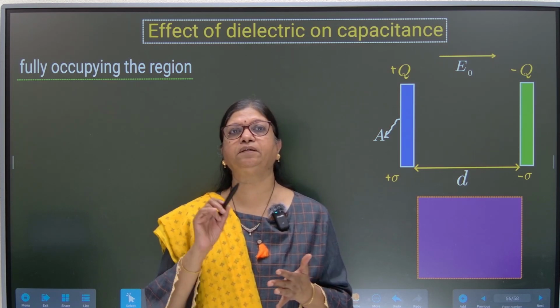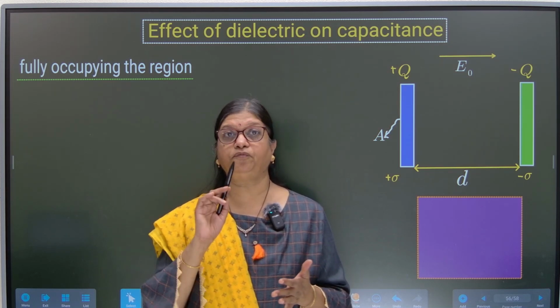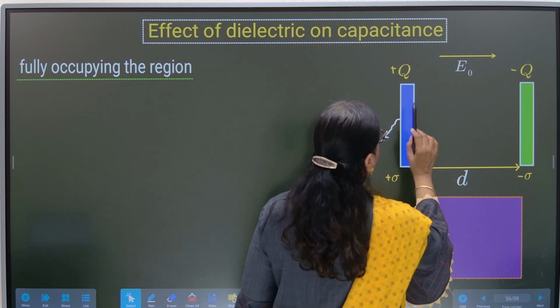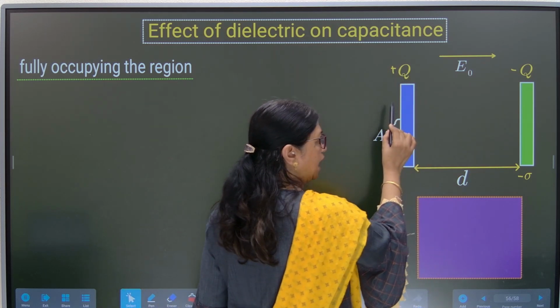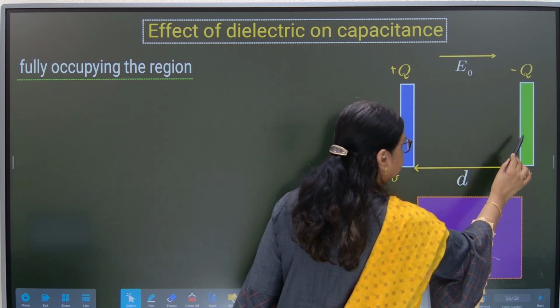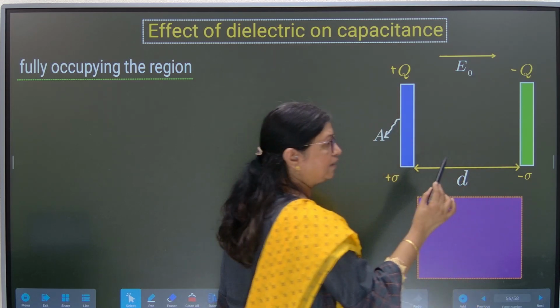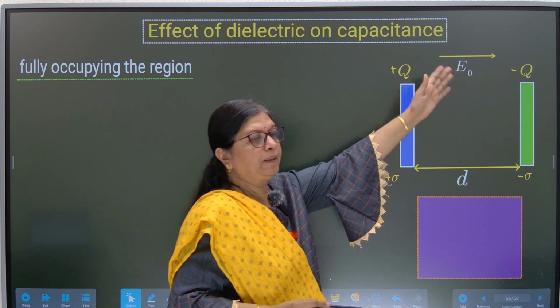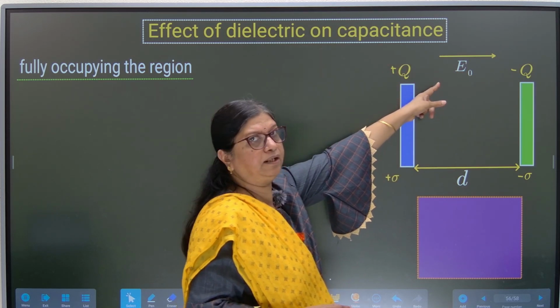In video 13, we have learned that if we have a capacitor with a positive charge plate and a negative charge plate maintained at a distance d, filled with air in between, there will be an electric field E naught.